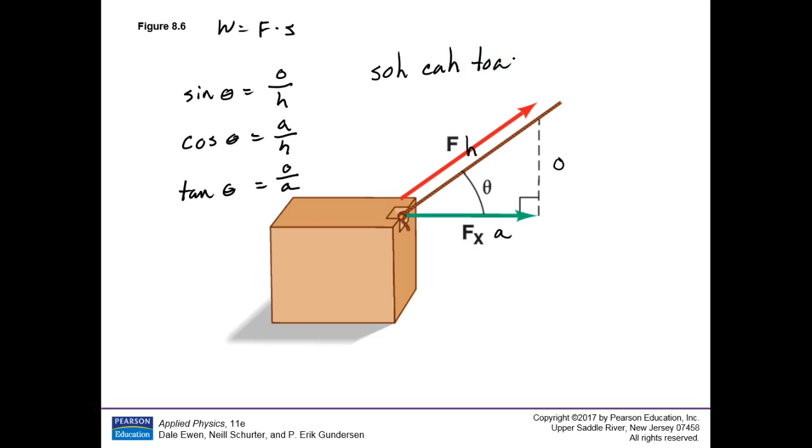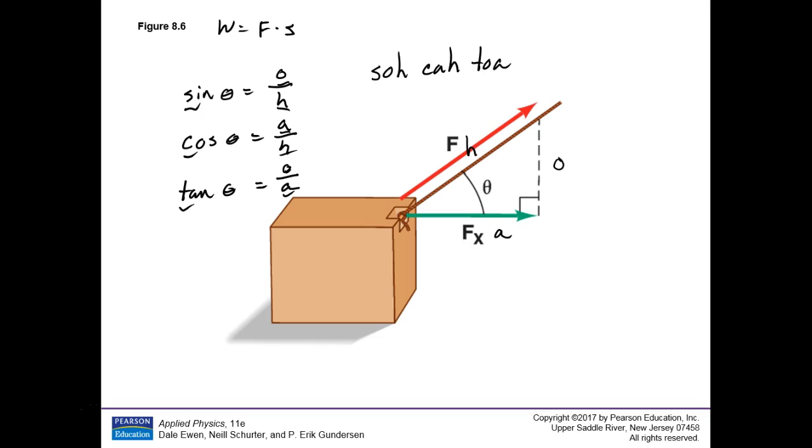Now, he said sa ka toa, and frankly, I can't tell the difference between sa and ka, but I've heard other people since then say so ka toa. So if you got that, you got it down. Sine, opposite over hypotenuse, cosine, adjacent over hypotenuse, tangent, opposite over adjacent. If that helps you remember, that's a good way to do it.